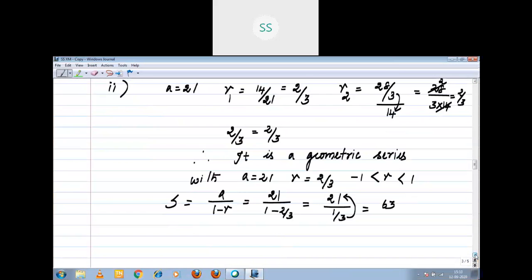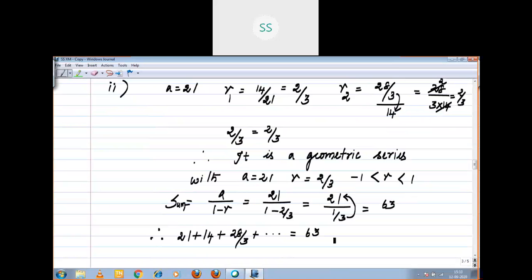Sum equal to a by 1 minus r. A is 21 divided by 1 minus 2 by 3, which is equal to 21 divided by 1 by 3, which is equal to 63. The 3 will go to the numerator.